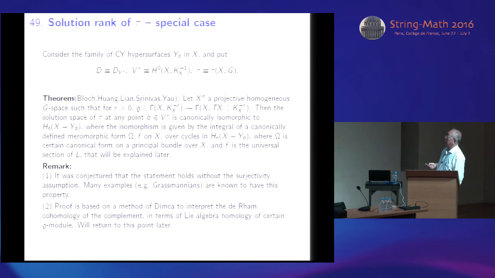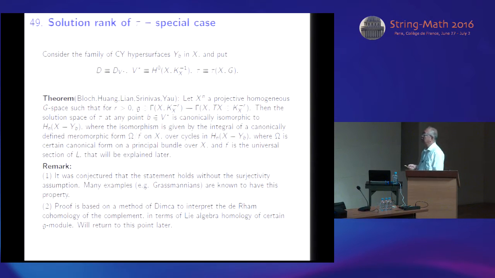Now let's repeat the same situation that we discussed earlier. There's a result a few years ago that we did with Spencer Bloch and several others. Suppose we have a projective homogeneous G-space such that this mapping is surjective.